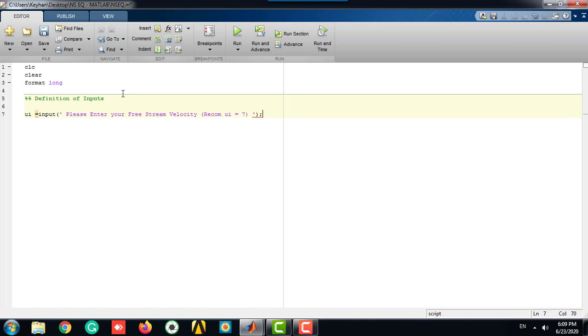Second, we define the inlet temperature, which is 25 degrees Celsius, which means that all the variables and properties of the air should be defined at this temperature. So we first define the properties of the air, which is nu, at the temperature of 25, which is 1.6 multiplied by 10 to the power minus 5, the kinematic viscosity.